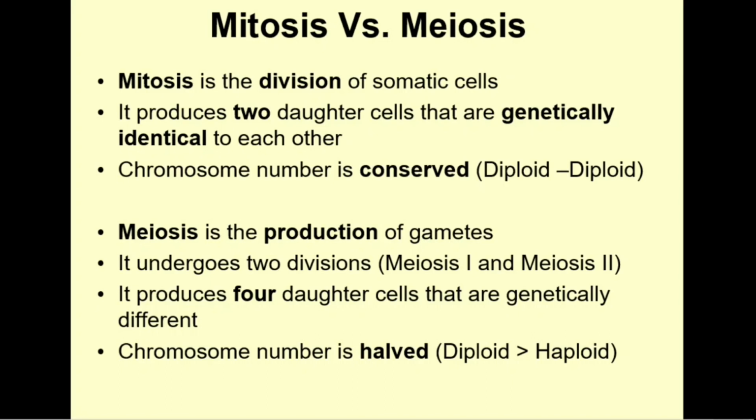Unlike mitosis that conserves the number of chromosomes, with a diploid parent cell and two diploid daughter cells, in meiosis we have a diploid parent cell and end up with four haploid daughter cells. Each of our gametes, whether an ovum or sperm, will have just one complete set of 23 chromosomes. On the next slide, we'll talk about why that's so important.